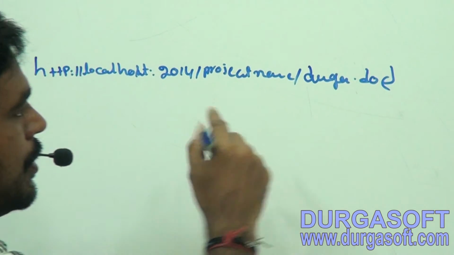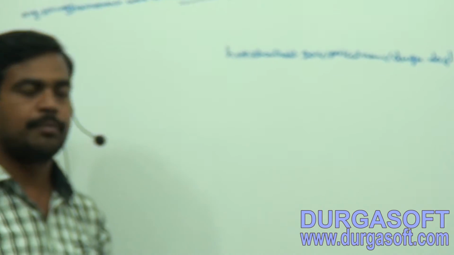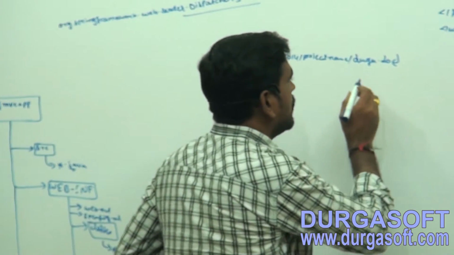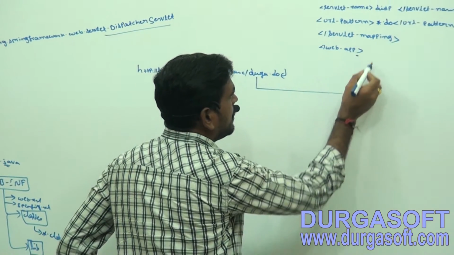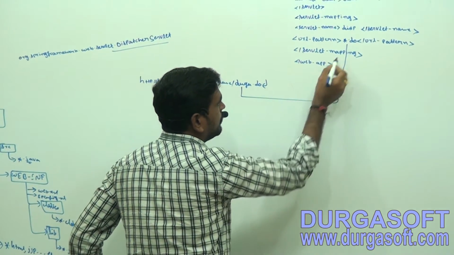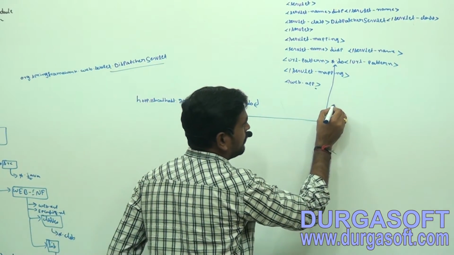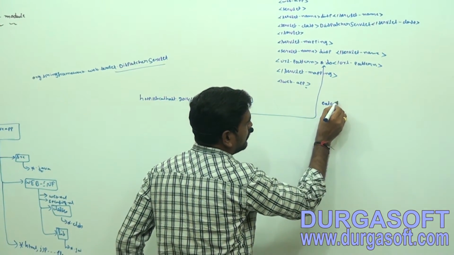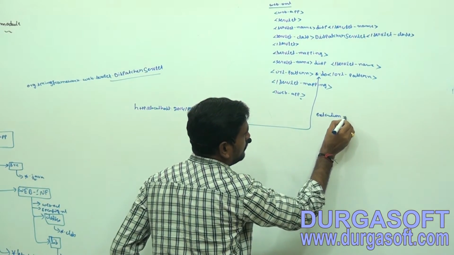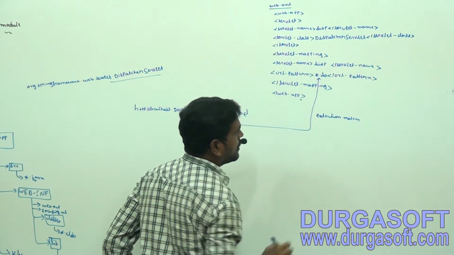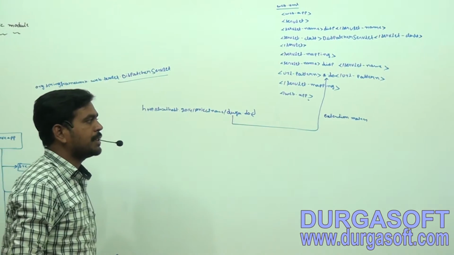Before that .do, your choice, any number of characters we can take, right? So now Durga is replaced by this star. This is what type of URL pattern? Extension match.